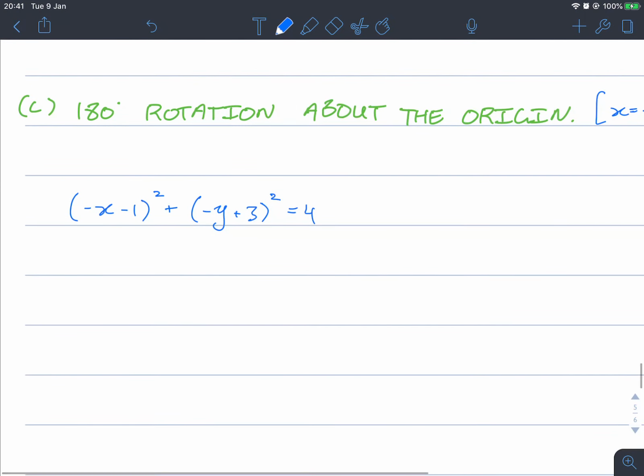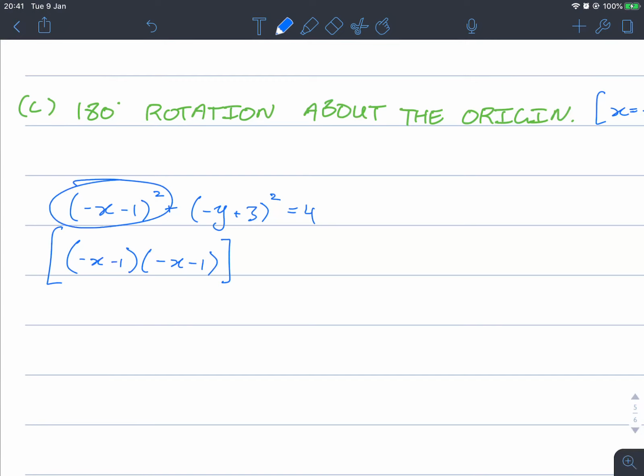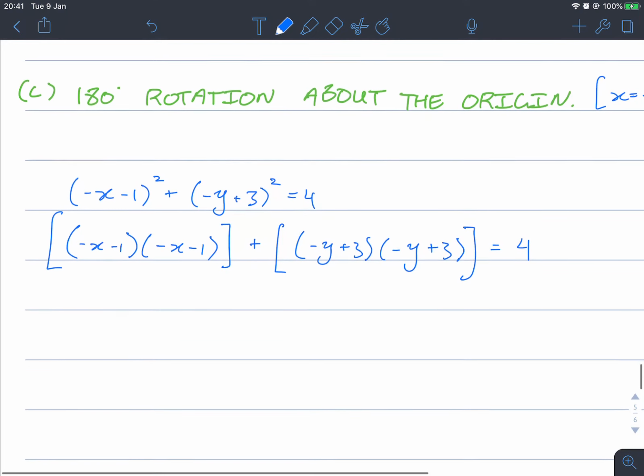Once again, we can think of this as negative x minus 1 times negative x minus 1, plus negative y plus 3 times negative y plus 3 equals 4.